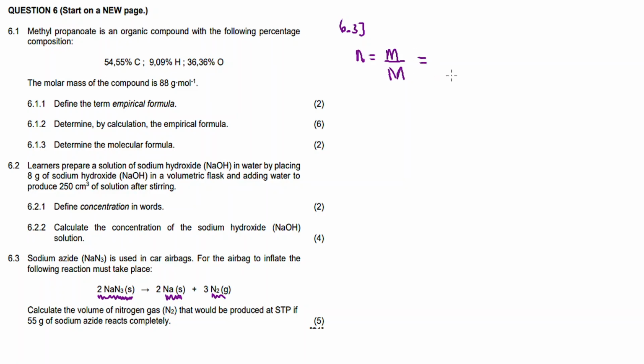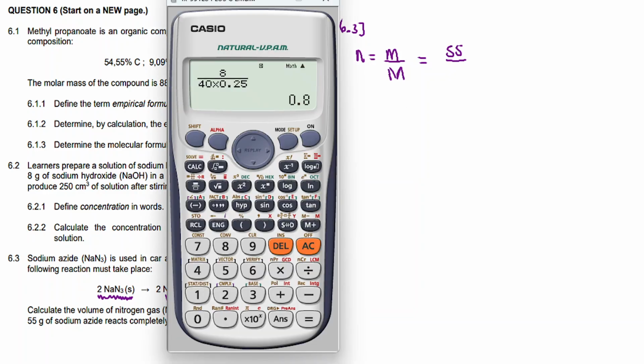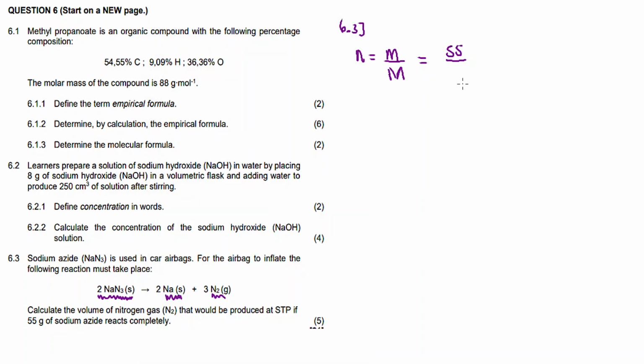You're totally marked for that. For converting this 55 gram sodium azide, the molar mass is 23 plus 3 times 14, nitrogen is 14, so it's 65.